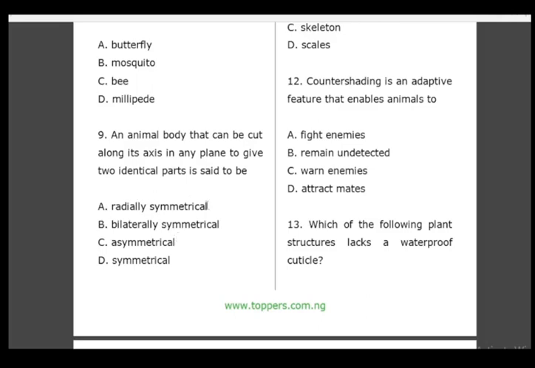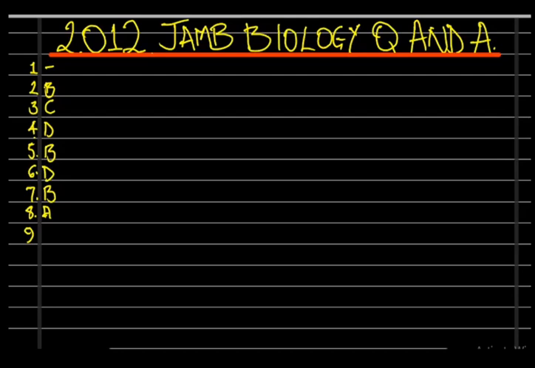For radially symmetrical, in as much as you cut it across any plane, you will be having two identical parts of that organism. So that is the answer to our question. Asymmetrical is talking about a cut that is not even giving us identical parts. So the answer to our question here is option A, which is radially symmetrical. Number 9 is option A.